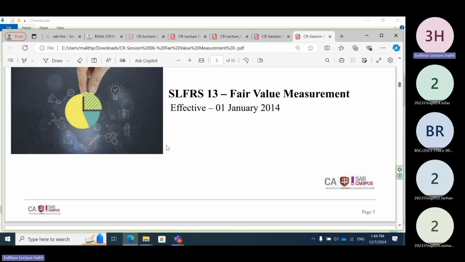It may be a taxable temporary difference or a deductible temporary difference. For a taxable temporary difference, you have to book a deferred tax liability. For a deductible temporary difference, you have to book a deferred tax asset. That's how we have deferred tax assets and deferred tax liabilities.